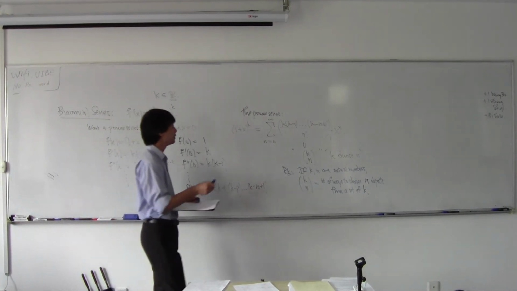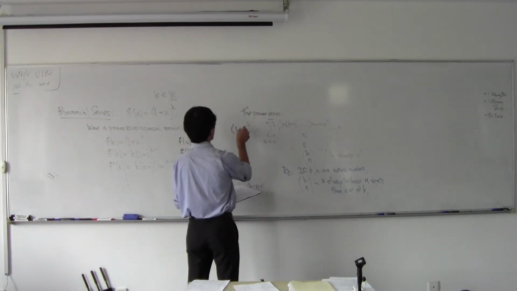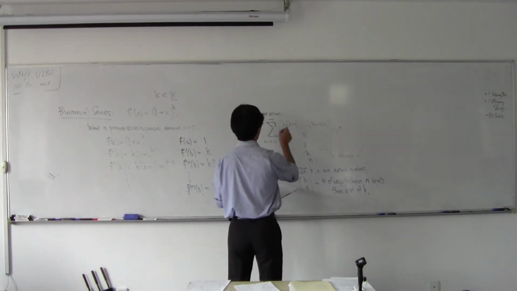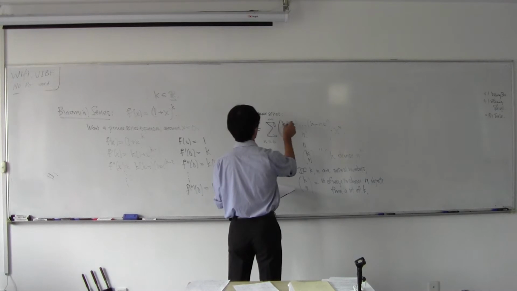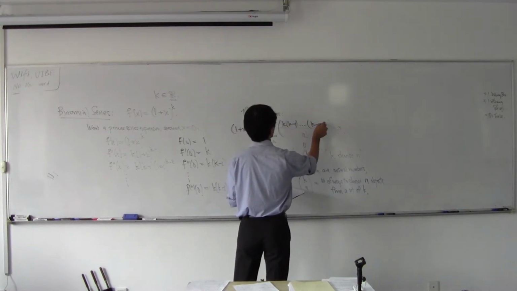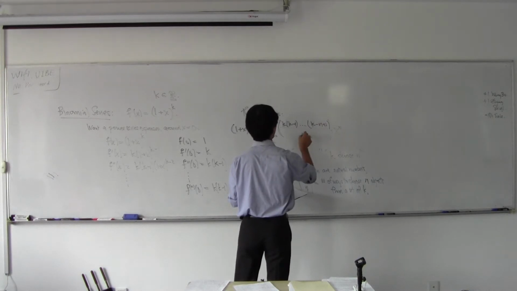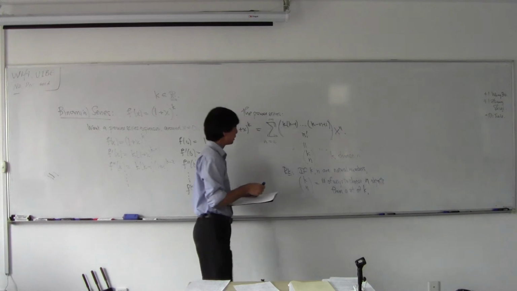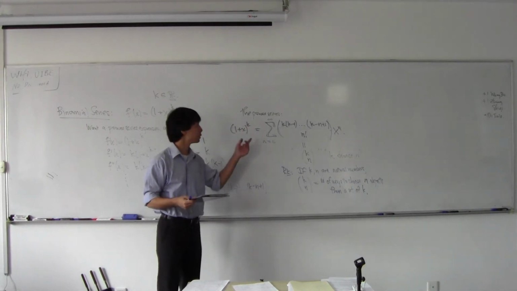Okay. In any case, you have this thing, the binomial series: (1+x)^k equals the summation, right, of k choose n times x to the n. So you have an expression for this sort of thing.